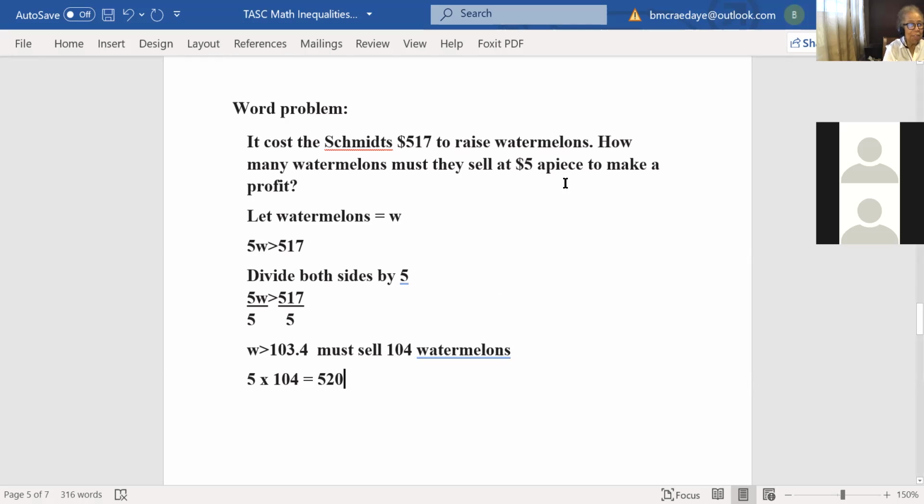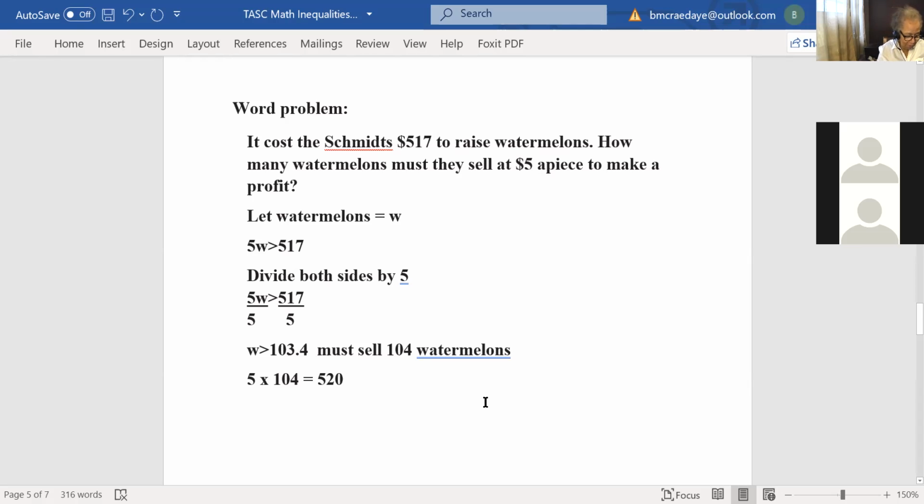But remember, if they spent $5.17 to raise them, a profit's got to be something bigger than the $5.17. So the 520 is bigger than the 5.17, right? Yes, that's true. So that would be the answer.